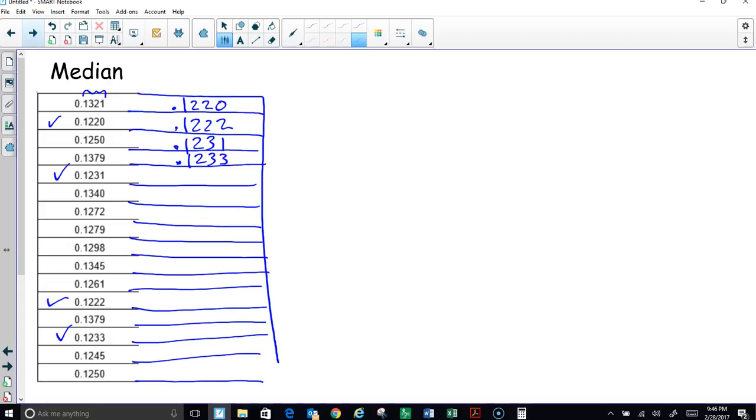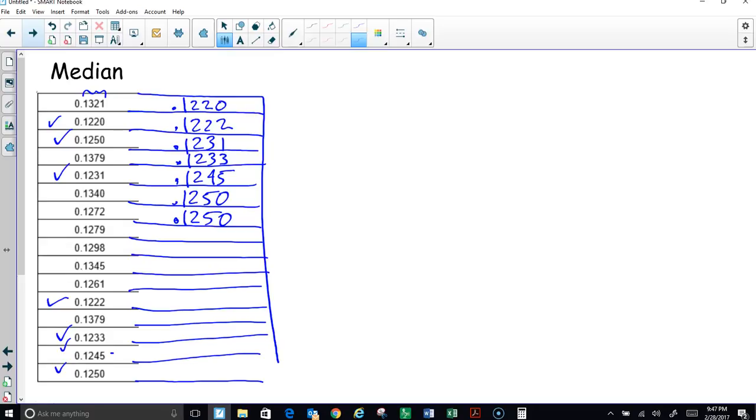Let's see. I see a 0.1250. Ooh, is there anything less than that? 1245. So here we go. I see a 0.1245. I see 2 0.1250s. Interesting. That's going to come up in a minute.